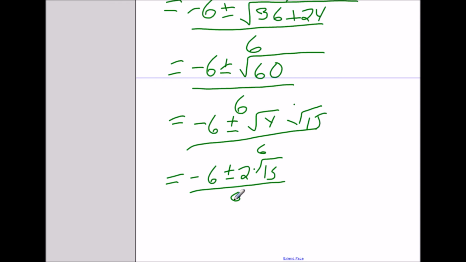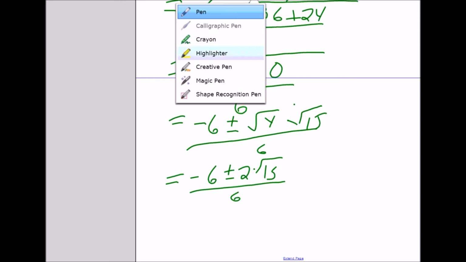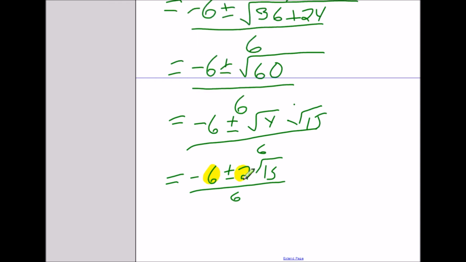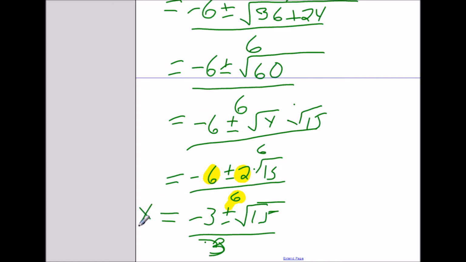So I'm going to take a 2 out of this, this, and this. I have negative 3 plus and minus the square root of 15 all over 3. Okay, so that's one possible solution.